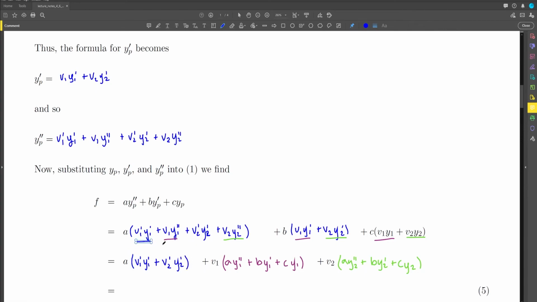And that takes care of these two terms here. And now we've collected everything.